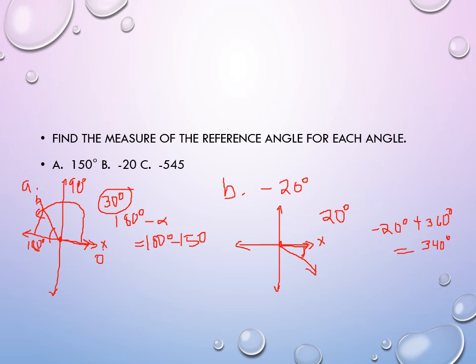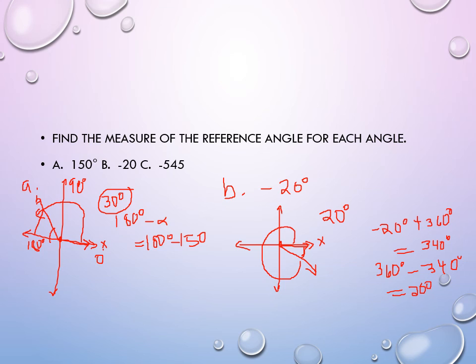So if we were to make that one again, and we did it clockwise, we would find that 340 degrees would be around here. And when we have it in the fourth quadrant, we subtract 360 minus the angle, which in this case is 340. So again, by that method, it also gives us 20 degrees.